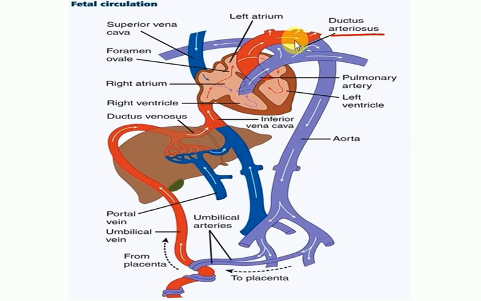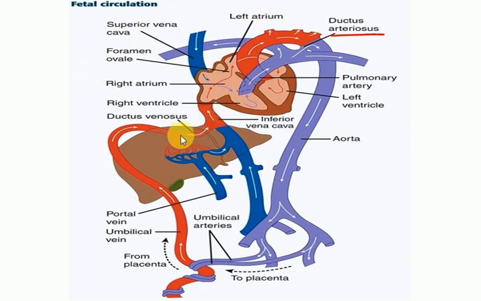The mixed blood enters the head and neck region, and some of it then returns back through the aorta to the placenta. This was all about the placental fetal circulation.